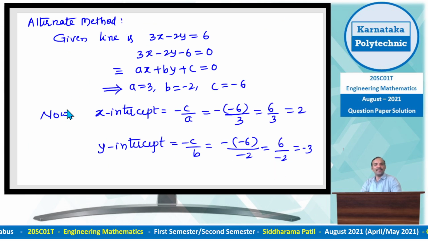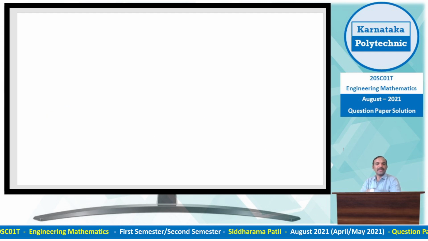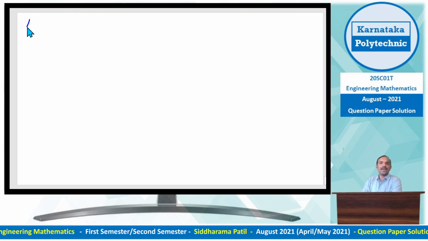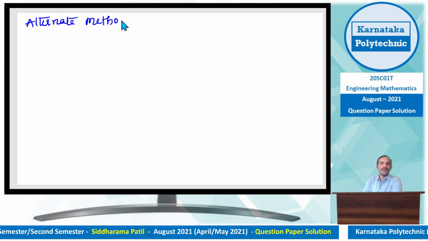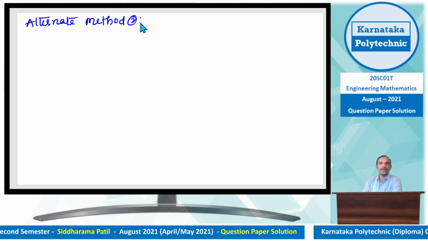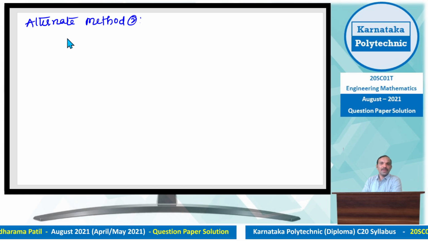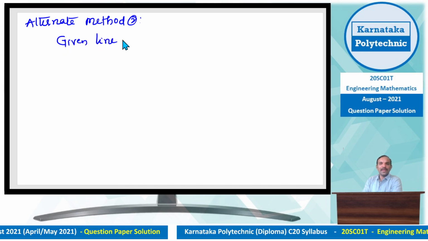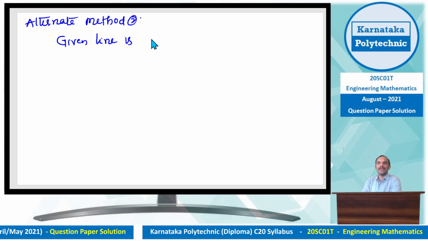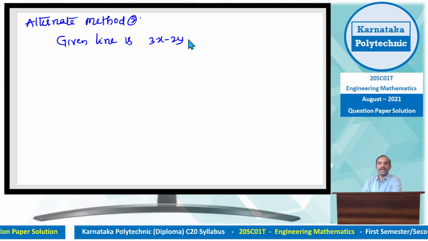This is the second method. Another, third method, that is alternate method 2. Given line is 3x minus 2y equal to 6.